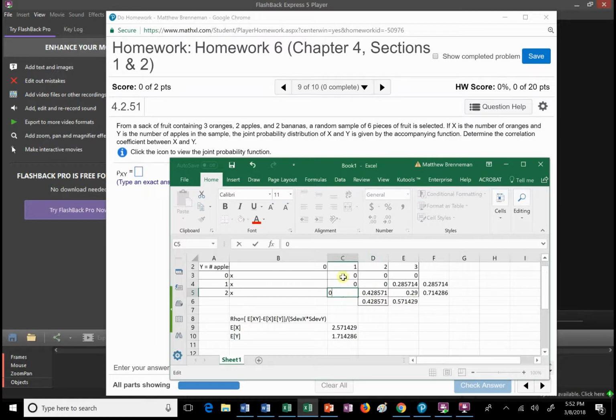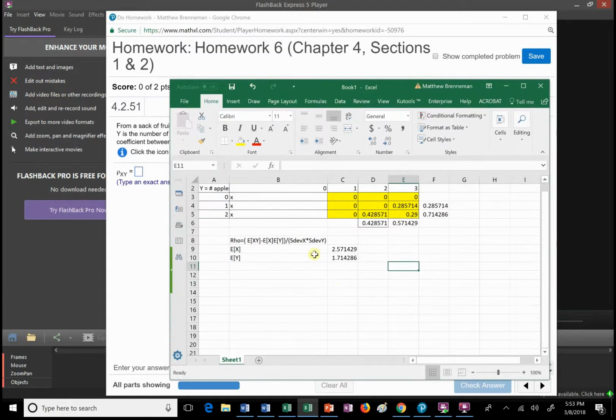Okay. So this is my PMF. Okay. And I want the expected value of x and y. So what I can do is blow this up a little bit. I think I'm just going to compute it just straight out. It really isn't that hard.